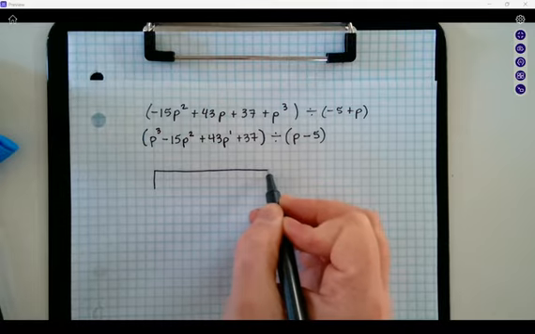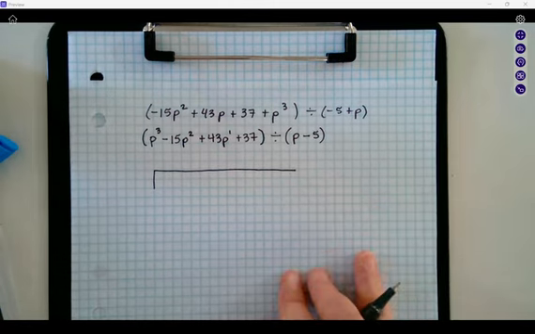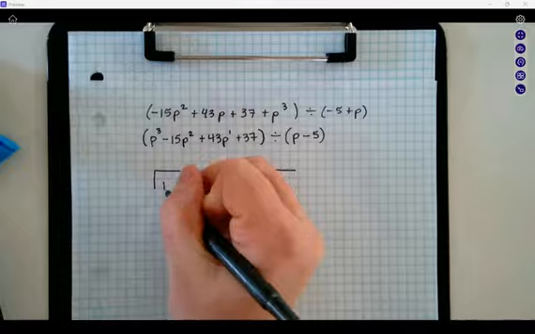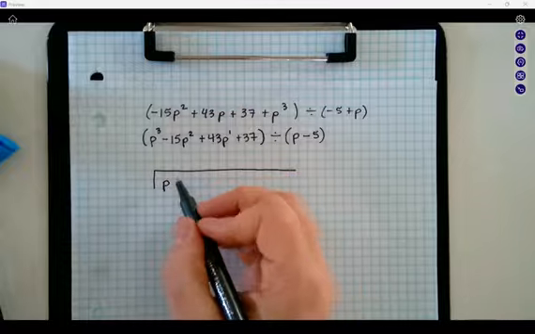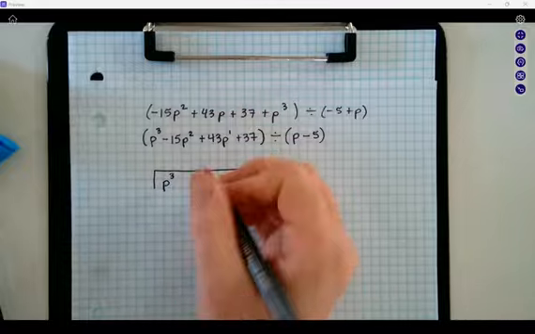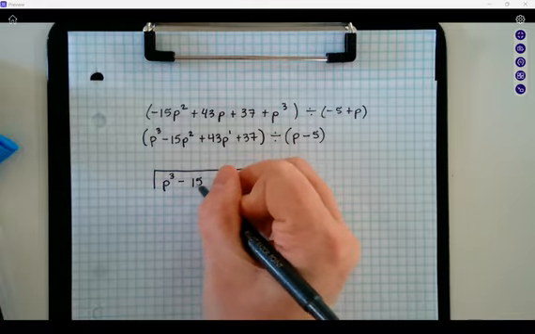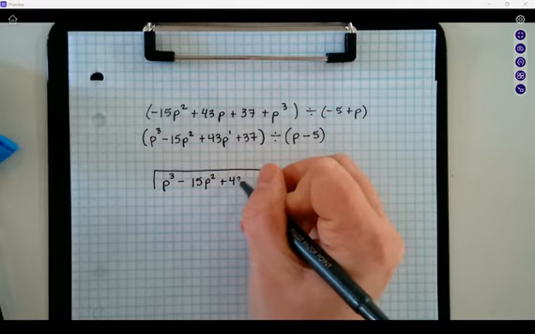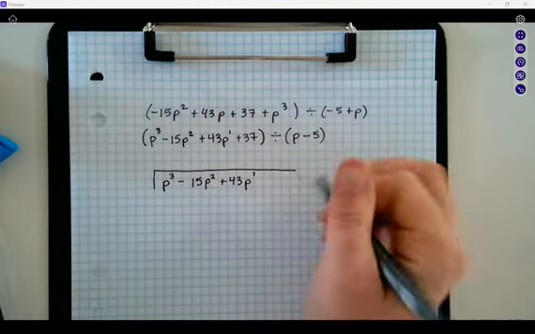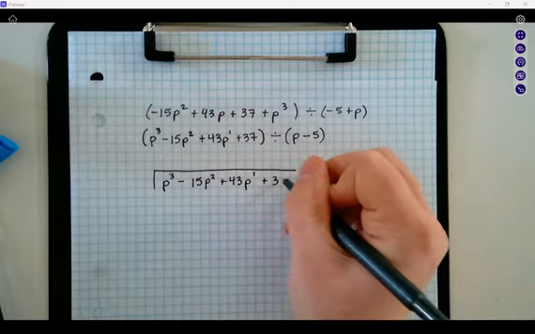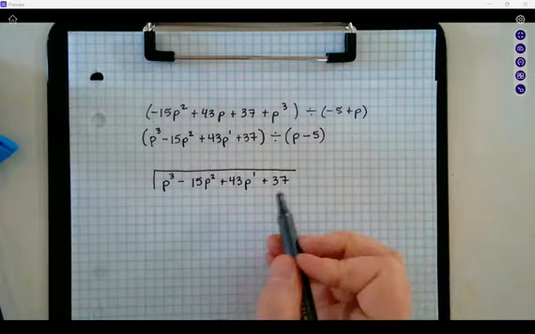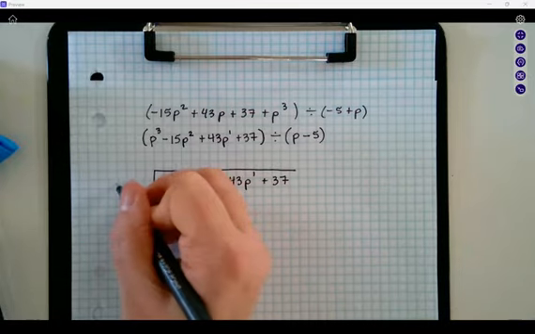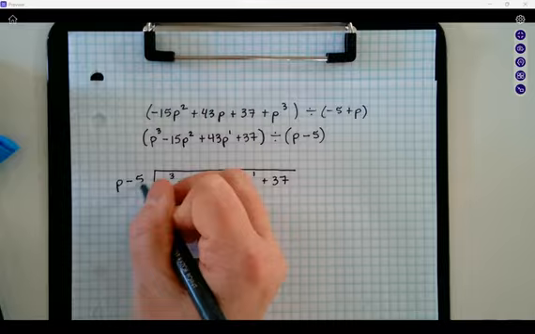Let's set up that long division bracket. I'm going to write my dividend underneath. So p cubed minus 15p squared plus 43p to the first plus 37. And all of this is being divided by p minus 5.